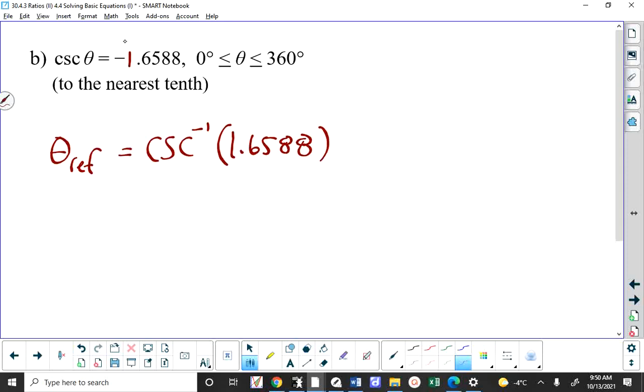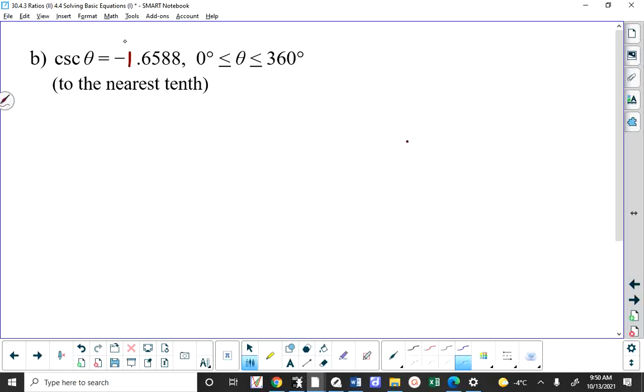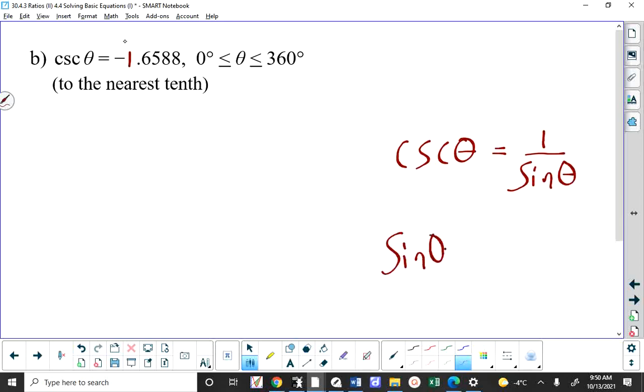So what we have to do is say to ourselves, since cosecant is the reciprocal of sine, so I don't think this is valuable at all. I'm just writing it down to make a point. Since cosecant of theta is the reciprocal of sine, then sine of theta is the reciprocal of cosecant. And we're going to use this piece of information to turn this from an equation that has cosecant to one that has sine.